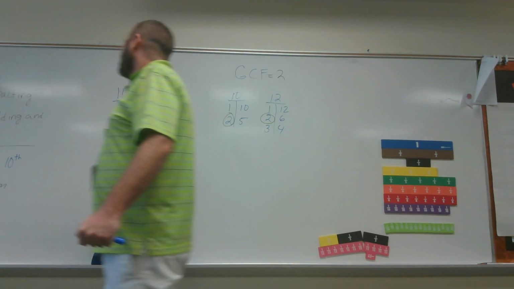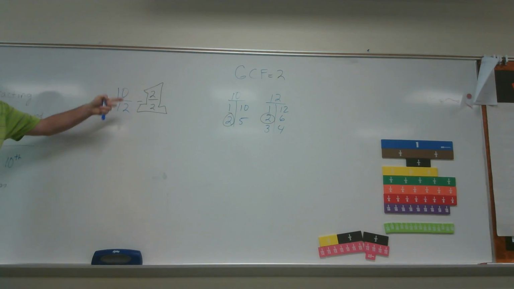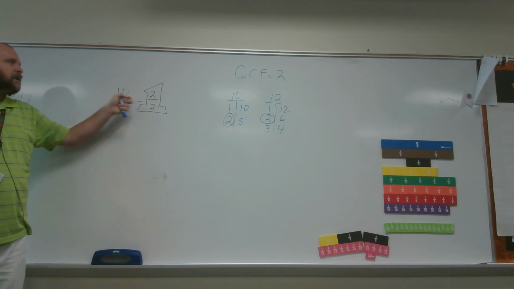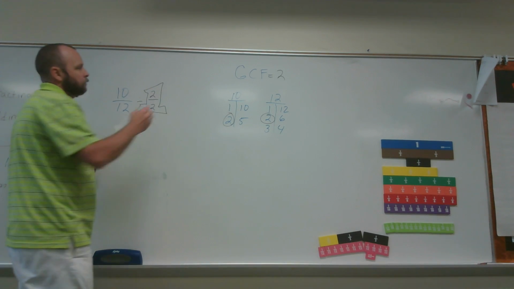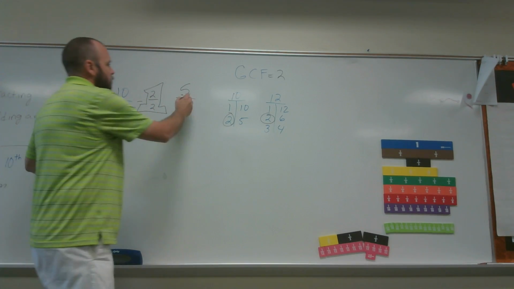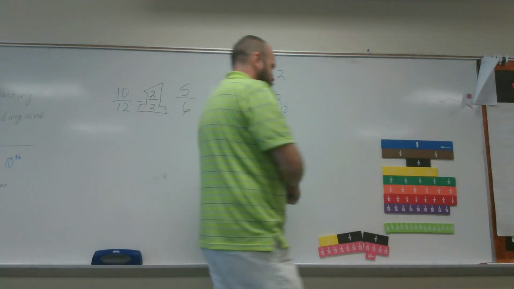Okay, so we have 10 12ths. We're dividing it by 1, or 2 over 2. So, Ethan, what is 10 divided by 2? 5. And what is 12 divided by 2? 6. All right, let's check and see if what we did is correct.